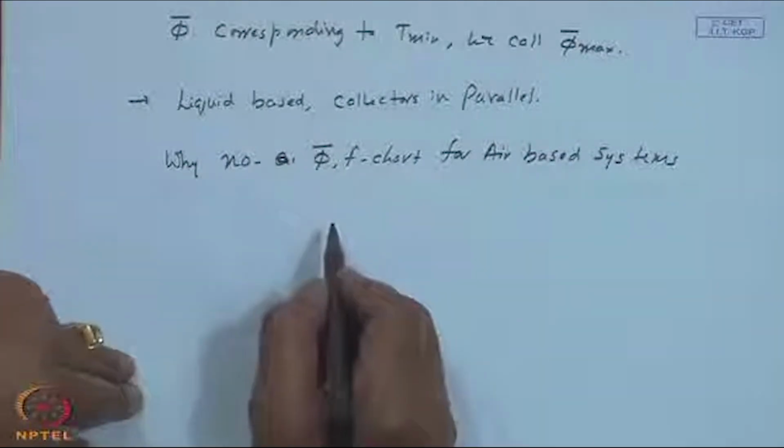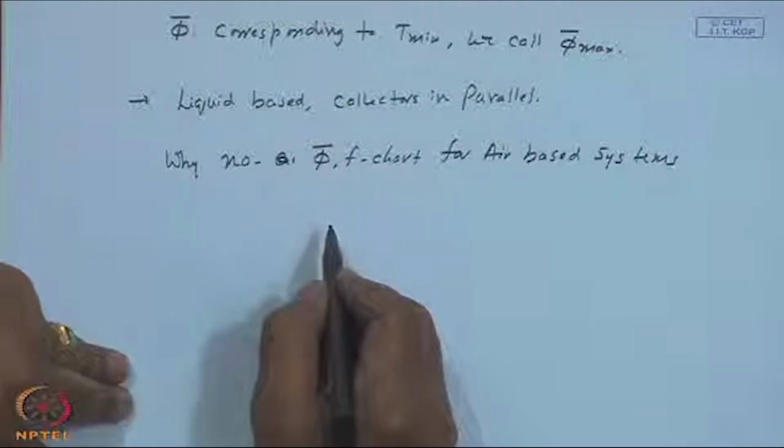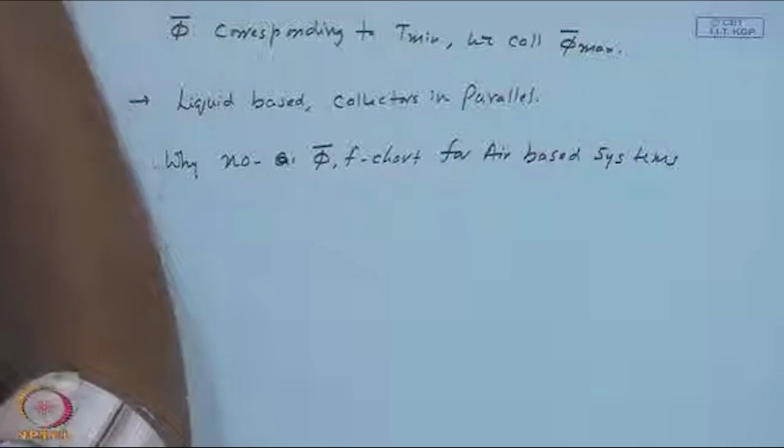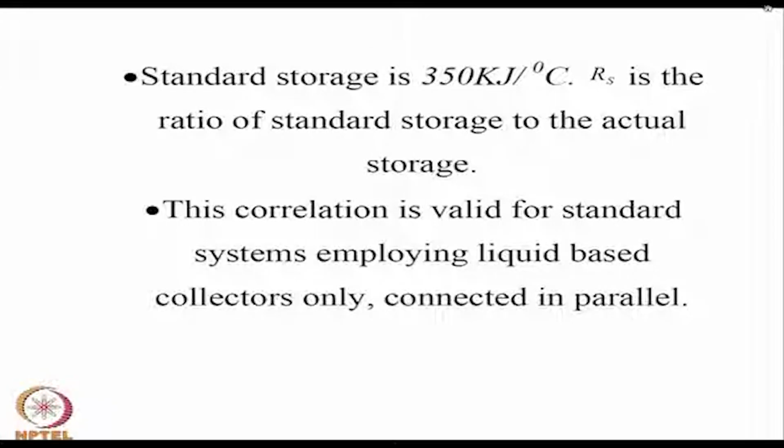I could not really find out any reason, but somebody can work out if this is relevant for applications like drying at a certain specified temperature of 50 degrees or 60 degrees C.